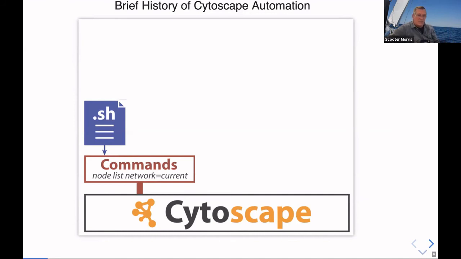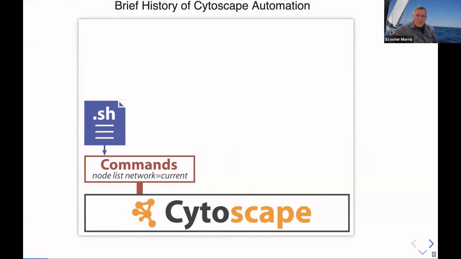That got brought over into Cytoscape 3, enhanced a little bit and fixed. At various points in time, we tried to make it into an even more elaborate scripting language with loops and parameters, and quickly realized that that was just the wrong approach entirely.